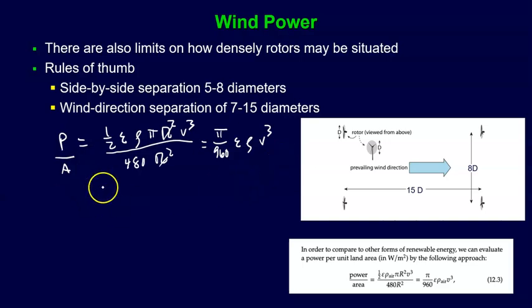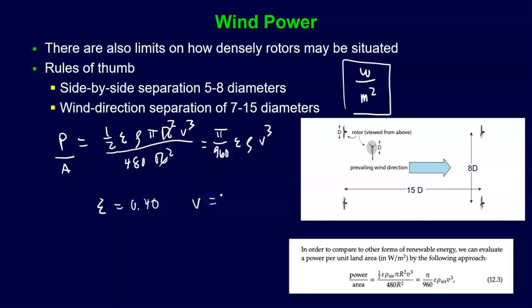And this gives us a sense of how much power we can get realistically from wind power per area, right? Which is going to be units of watts per meter squared. We've used these units quite a bit. And if we actually use an efficiency of about 0.4, and again this wind speed of 5 meters per second, this power divided by area comes out to be about 0.2 watts per meter squared.